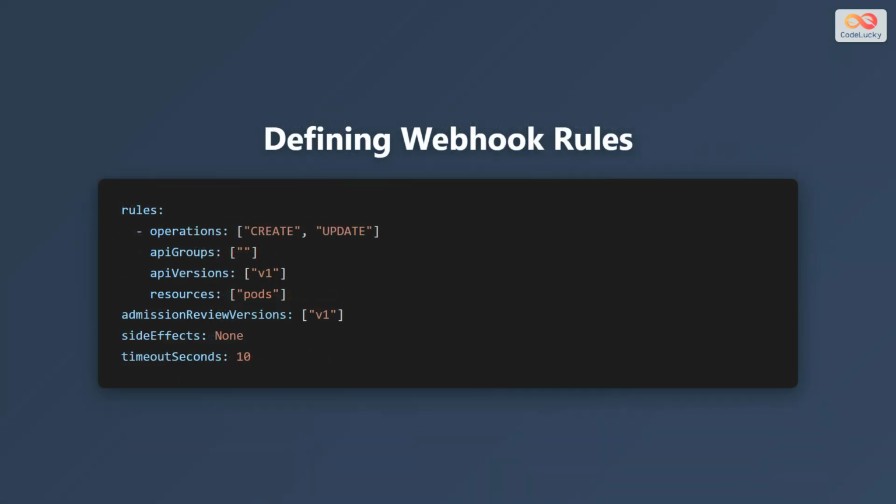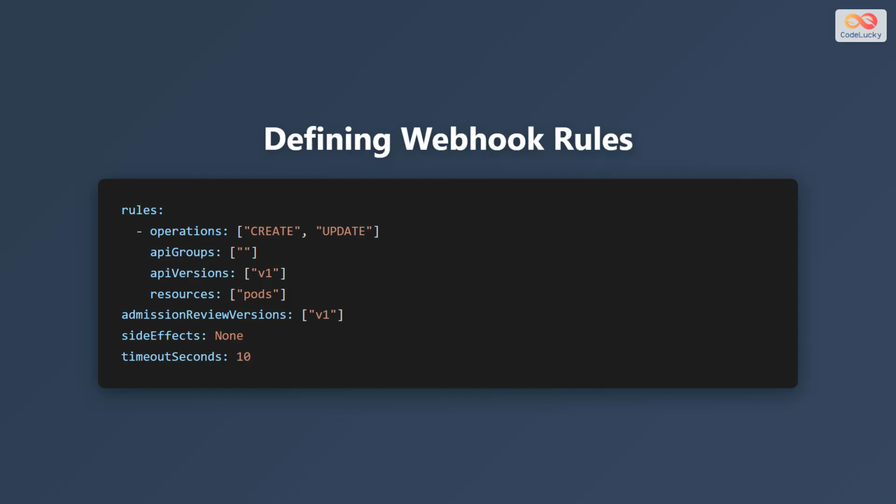The rules section is where you specify exactly what resources and operations your webhook should intercept. The operations field defines which actions trigger the webhook, such as CREATE and UPDATE. You can specify which API groups to monitor using apiGroups, with an empty string representing the core API group.